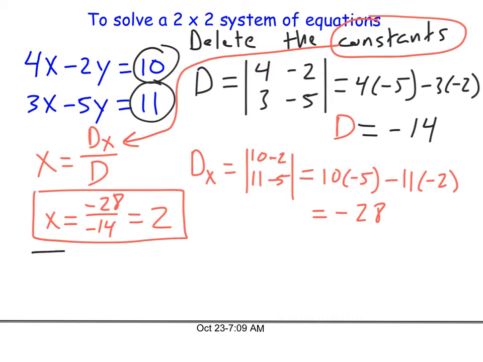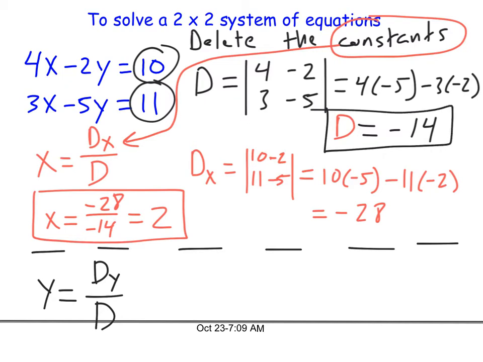Just going to separate my work here a little bit because all I have left now, and it follows the same pattern for y, D sub y over D, but don't forget, what's the value of D? Negative 14. We just have one more 2x2 that we have to do. But this time, the x's stay, and it's the y's that go.